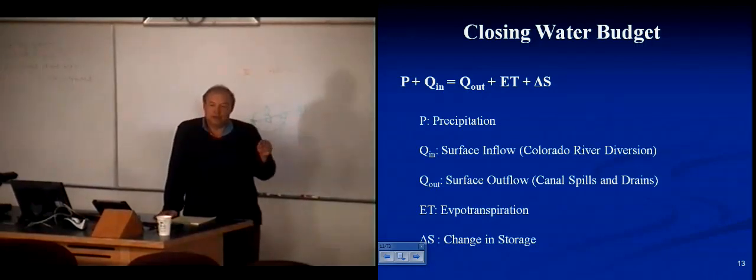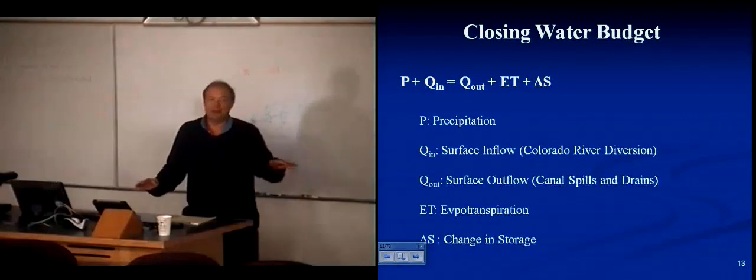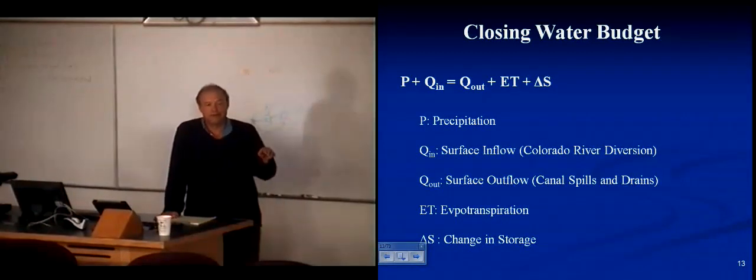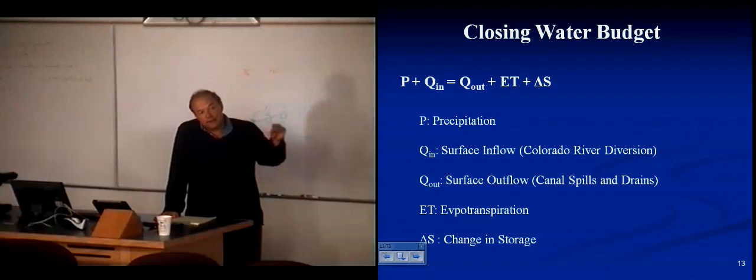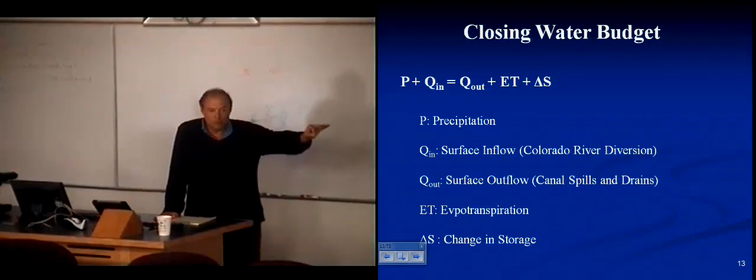They just want to release enough for the irrigation of the different systems downstream from, let's say, Lake Mead, right? And enough to supply the riparian vegetation.